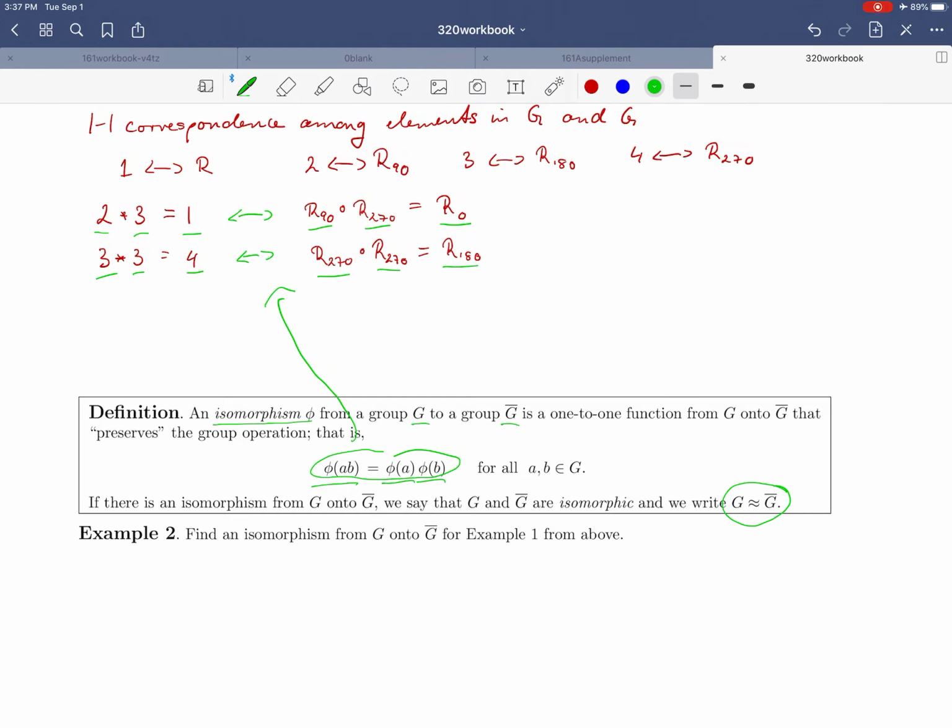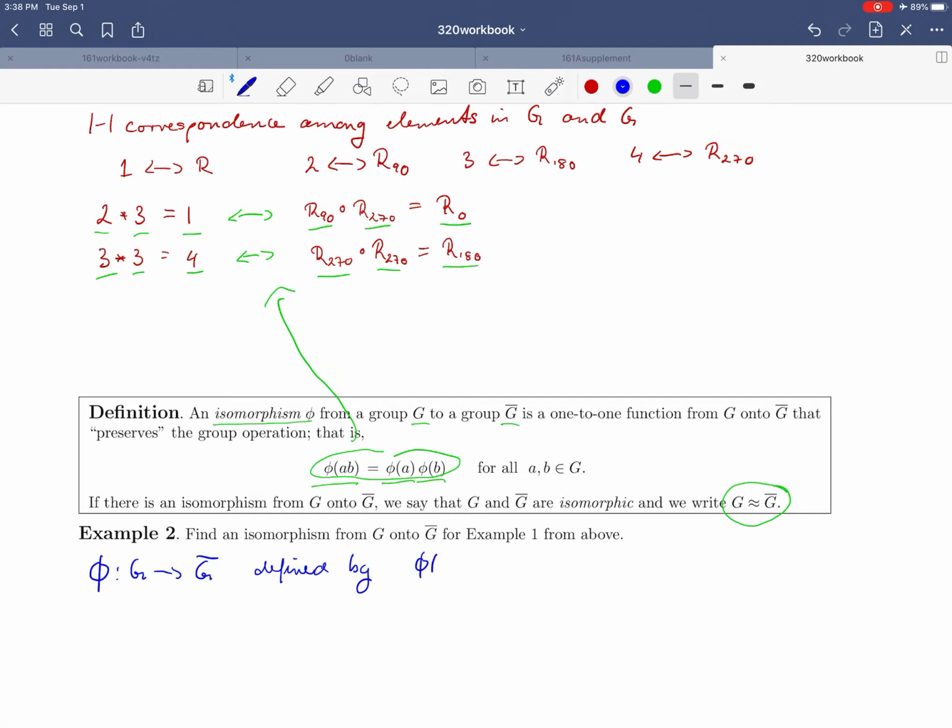I think we can just go on to example 2 to finish up this idea of an isomorphism preserving the group operation. In example 2, let's write down our isomorphism from G to G bar from our earlier example. We can define it one element at a time.